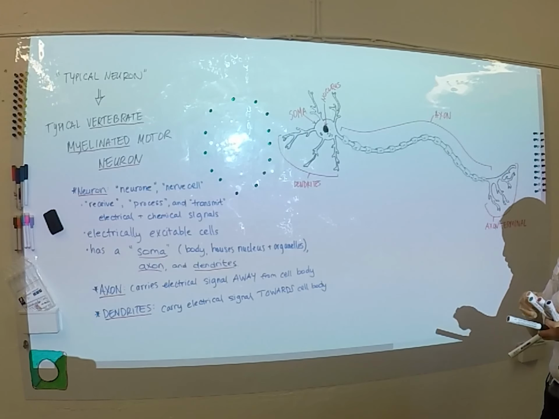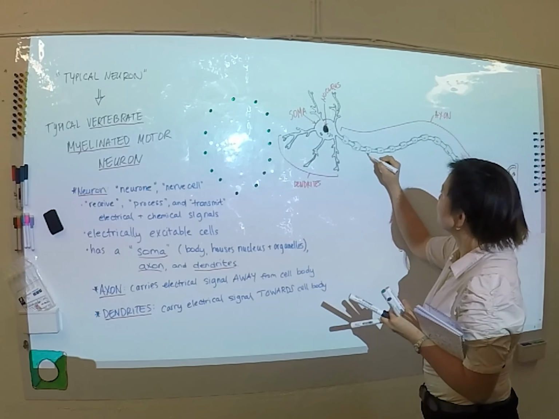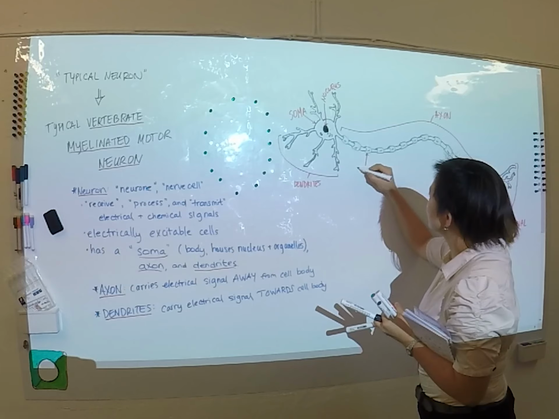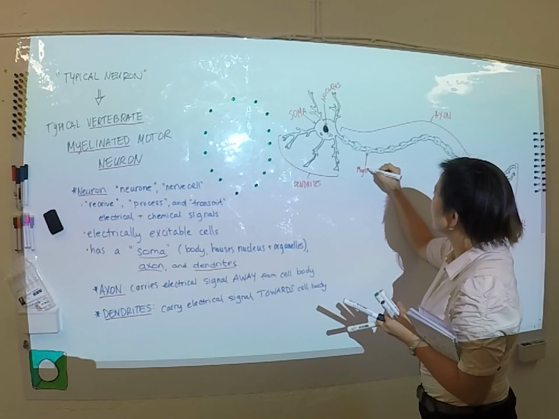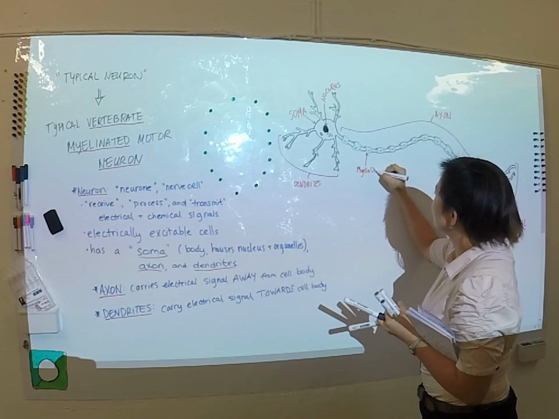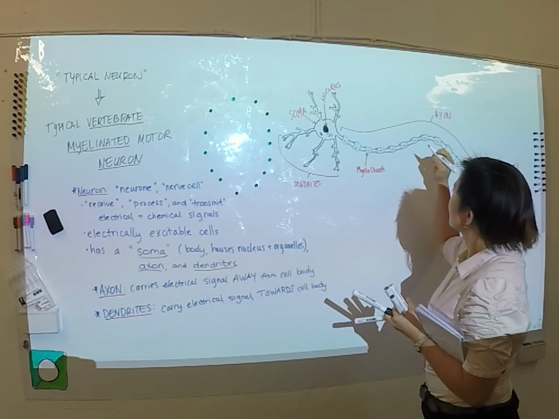Okay? So let's label these guys as well. So this is a myelin sheath. Okay?